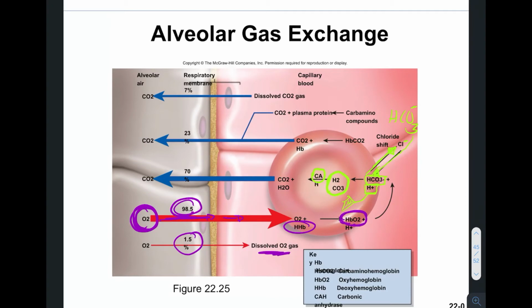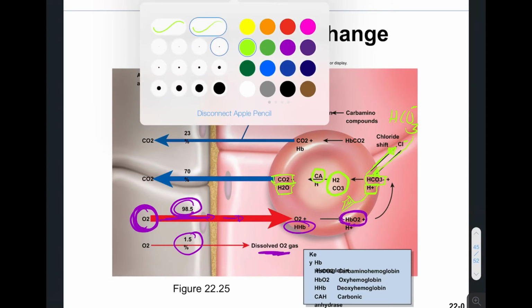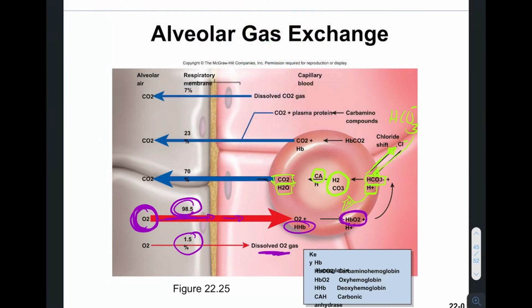And so that carbonic anhydrase is going to push this equation to the left, giving us our carbon dioxide back and our water back. The CO2 simply goes from higher concentration to lower concentration, or higher pressure to lower pressure, I should say, and is going to get pushed out to the alveoli.